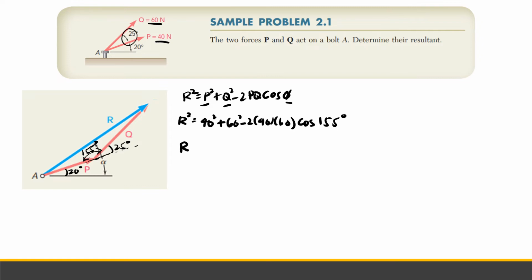By solving the equation, R is equal to 97.73 Newton. That is our resultant using cosine law.